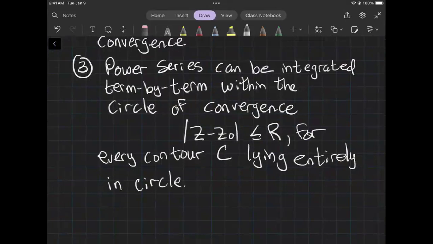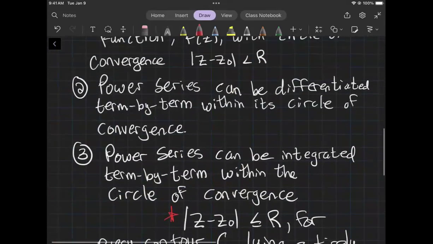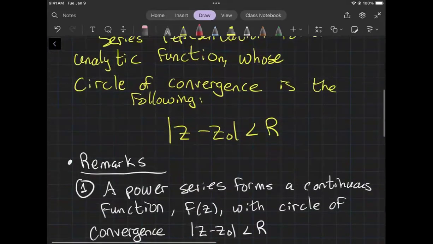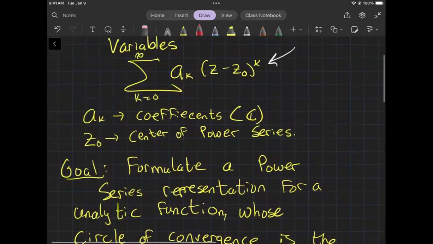So you can differentiate and integrate power series term by term, and it will give you another power series that will yield the same radius and circle of convergence as the original, which I'll label as f of z.